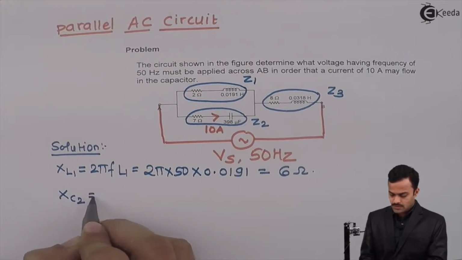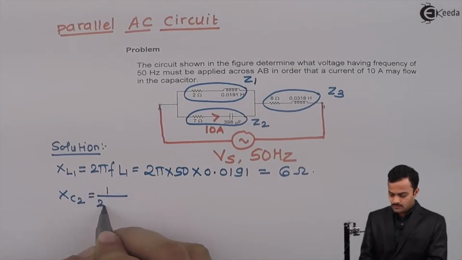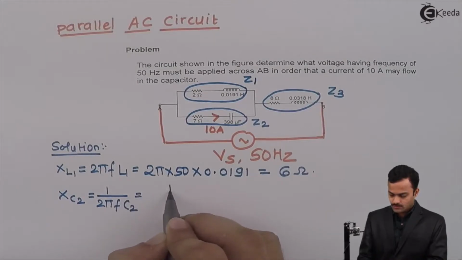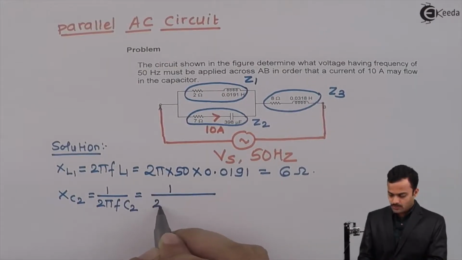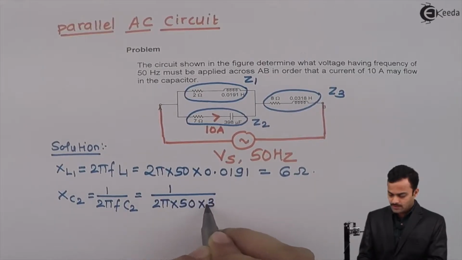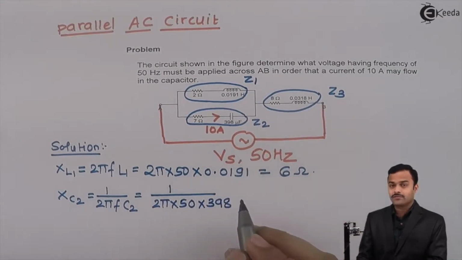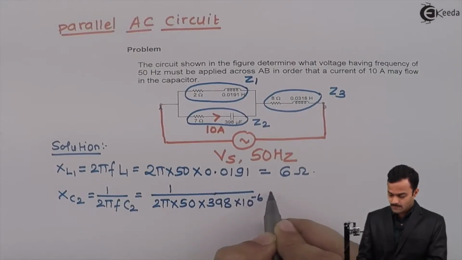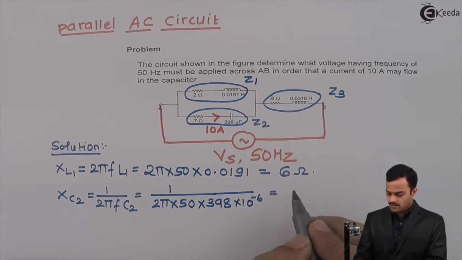XC2 is nothing but 1 upon 2 pi f C2, equal to 1 upon 2 pi multiplied by 50 multiplied by 398 microfarad, so 10 raised to minus 6. If you solve, you will get XC2 as 8 ohm.